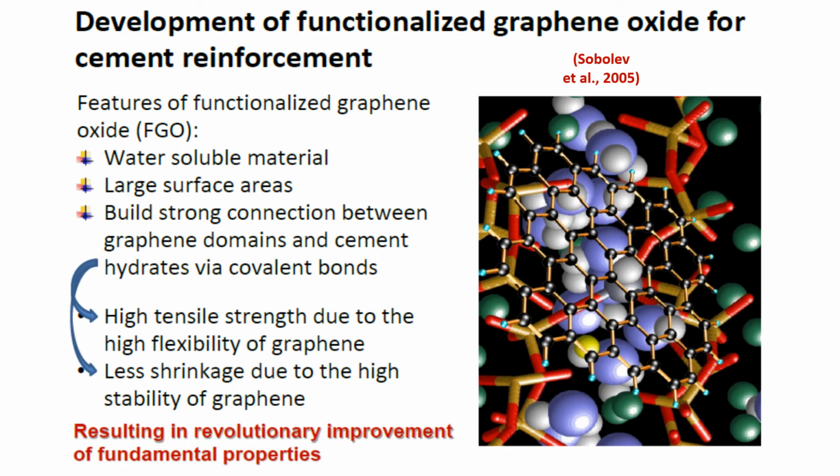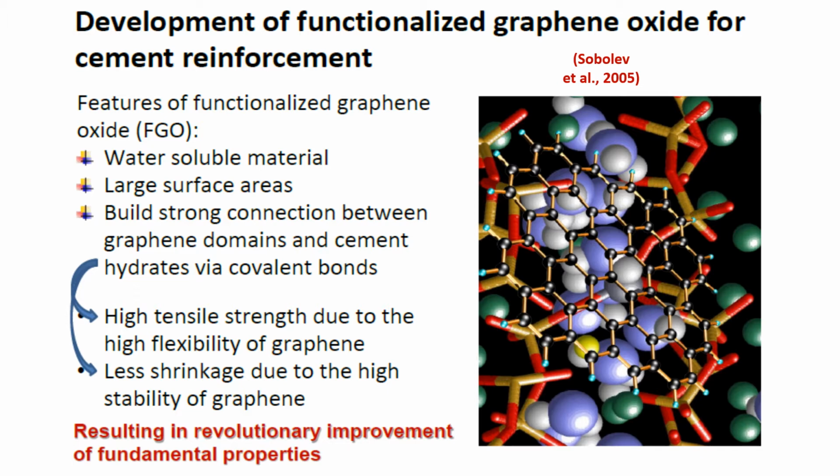So to begin with, I first want to highlight one interesting article I found, published in the year 2005 by Sobolev et al. What they did, they used functionalized graphene oxide, which they name FGO in abbreviated form, just for the mechanical reinforcement of cement.